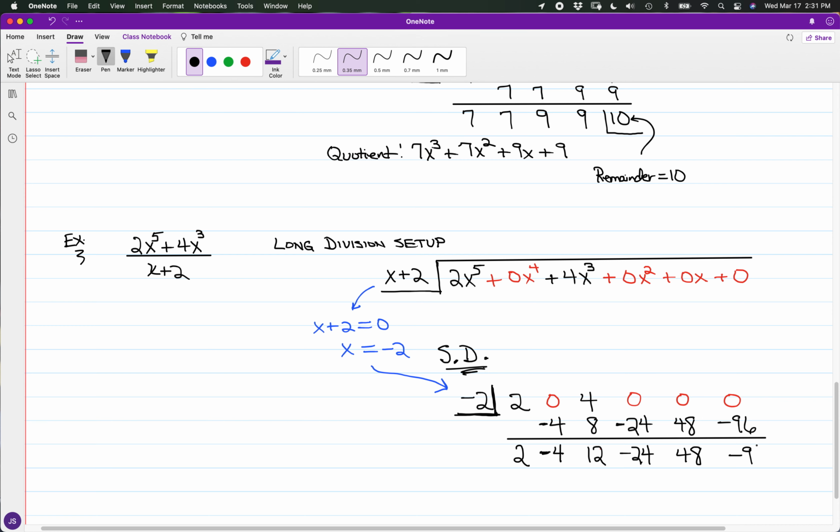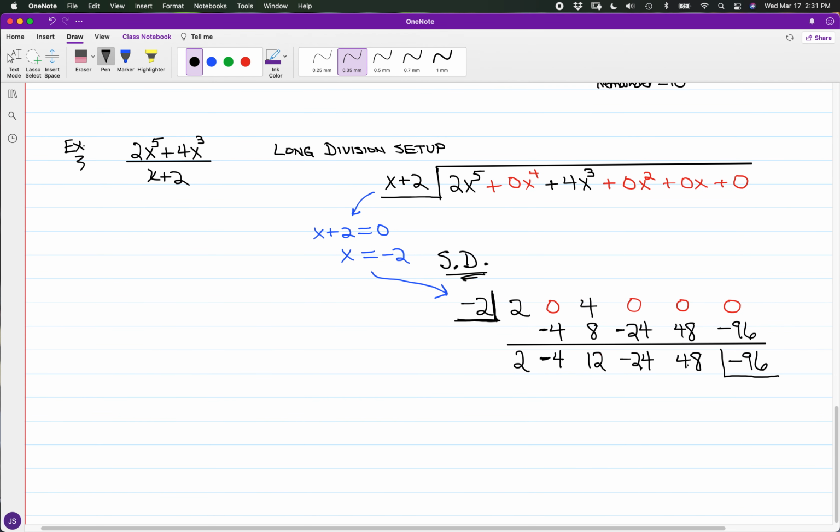For the last column total, we have negative 96. That is going to be the remainder. You can just use R for remainder. The remainder is negative 96.